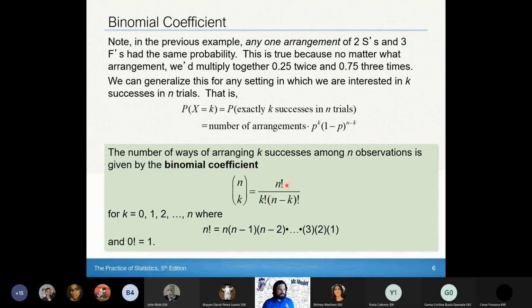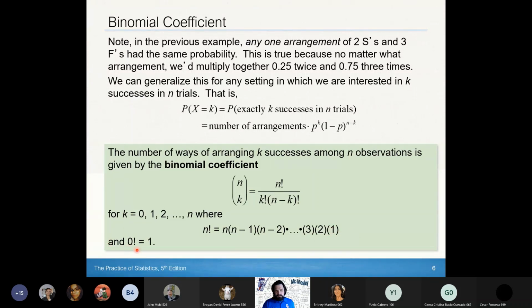In math, yes, we've given a meaning to the exclamation mark. It means factorial, and it's defined like this for k equals 0, 1, 2, and up to n, where n factorial equals n times n minus 1 times n minus 2, on and on until we get 3 times 2 times 1, and now we're out of numbers.